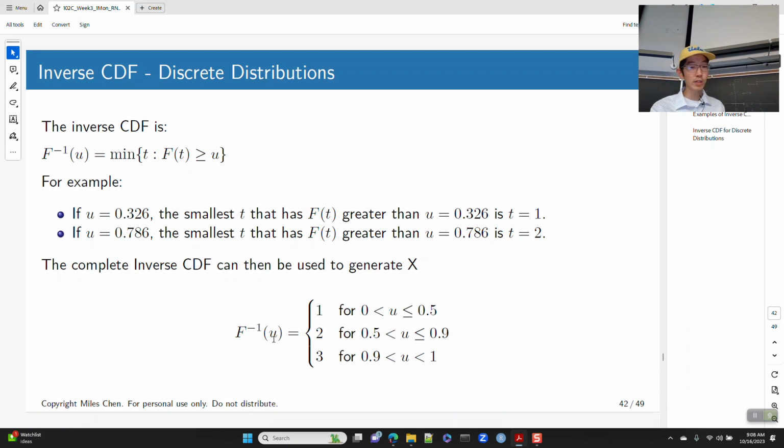The inverse of the CDF is going to be 1 for any value between 0 and 0.5. And then if u is between 0.5 and 0.9, then it's going to be 2. And if u is greater than 0.9, then it's going to be 3.